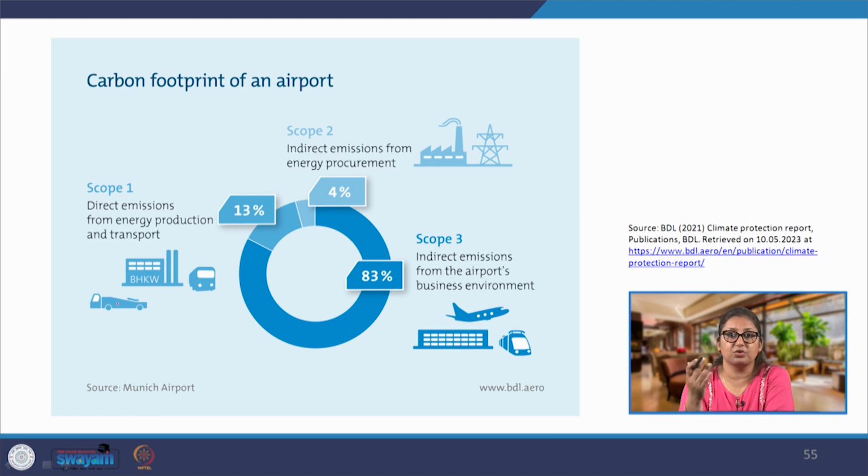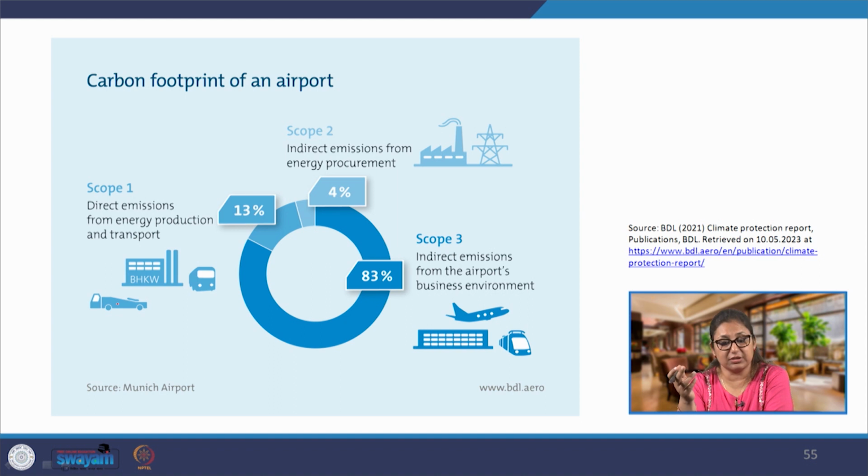There are cargoes, there is a lot of people transportation that is happening. So, a lot of this transportation and the emissions resulting from them is the direct emission for the airport scope 1 emissions, which is significant. Here we are seeing 13% of the direct emissions are there.